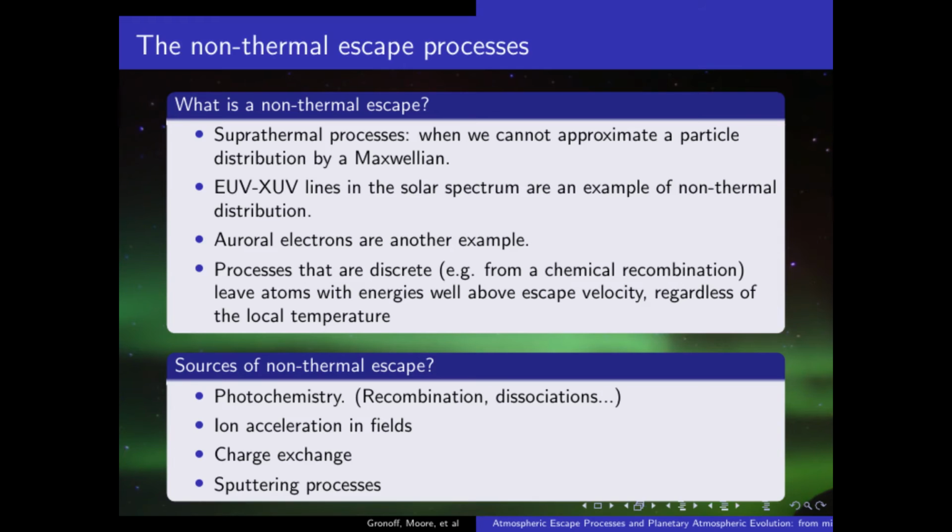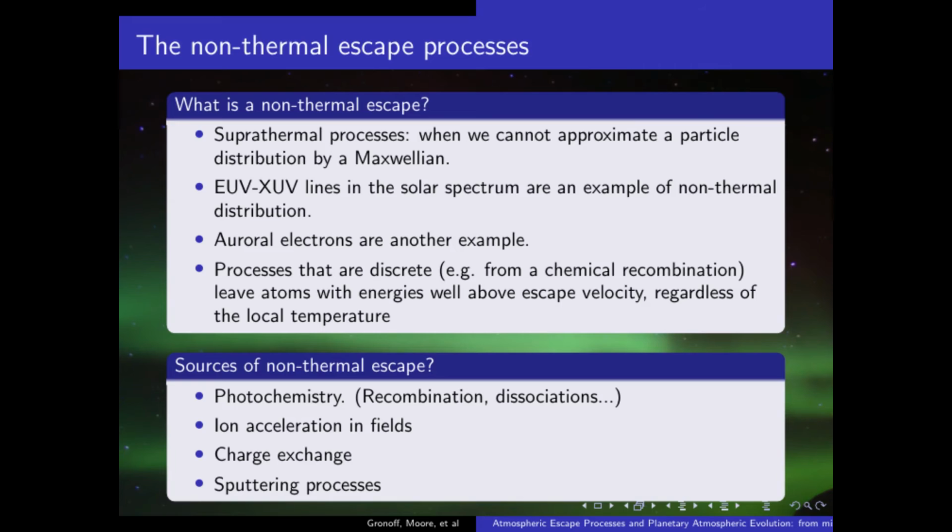Sometimes we cannot really consider particle distributions to be Maxwellian, but we can approximate those by a Maxwellian plus a very high energetic particle distribution. And that's what we call suprathermal, this really energetic particle distribution.